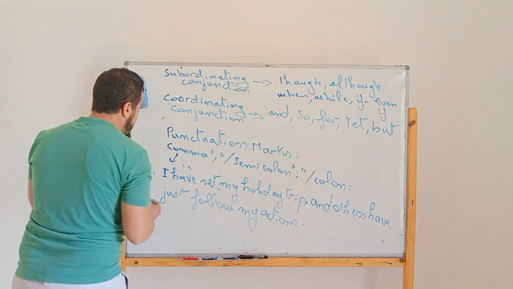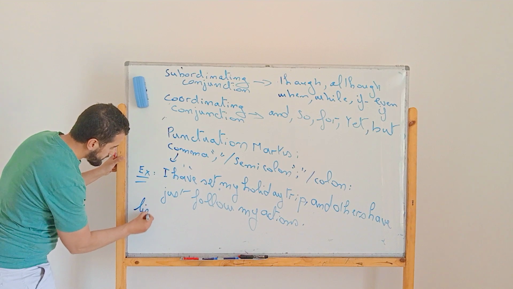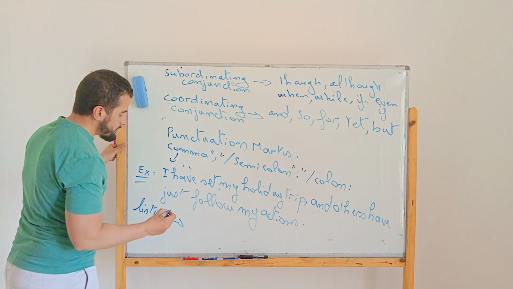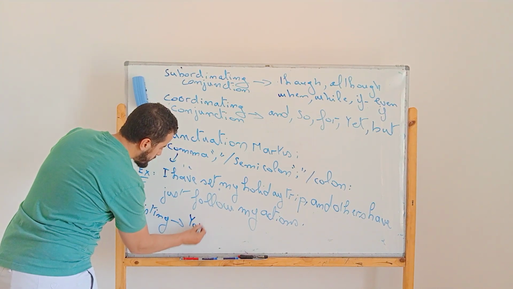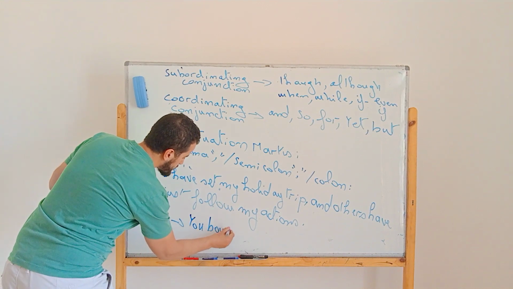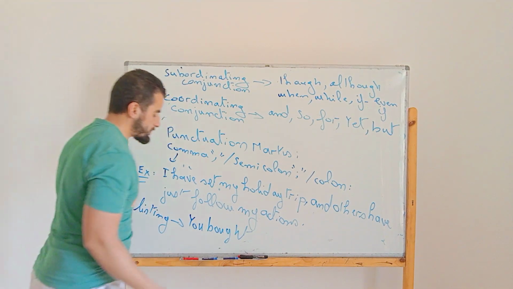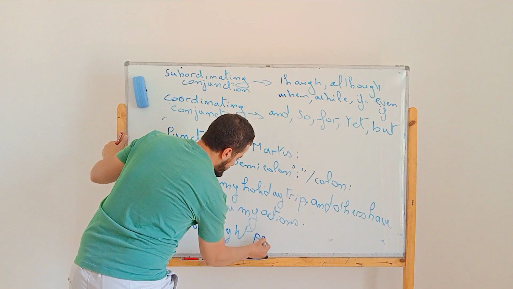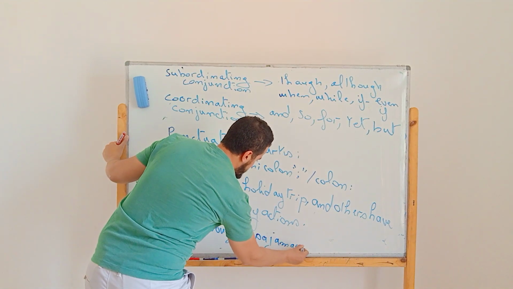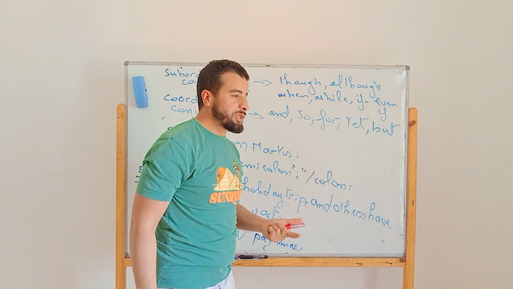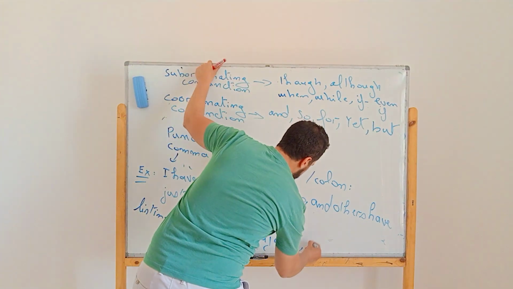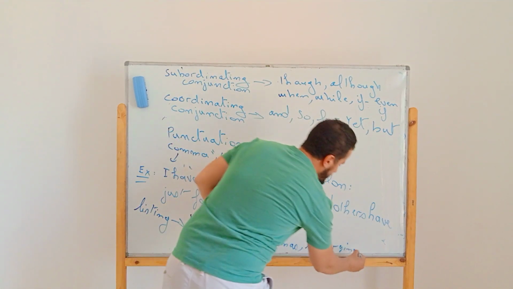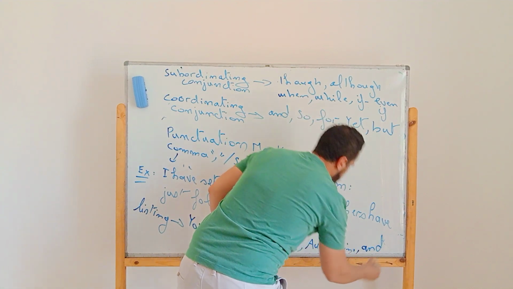For example, in the listing, you bought, for example, pajamas, comma, for example, aubergine, courgette, etc. And when you finish, you put a comma and at the end.